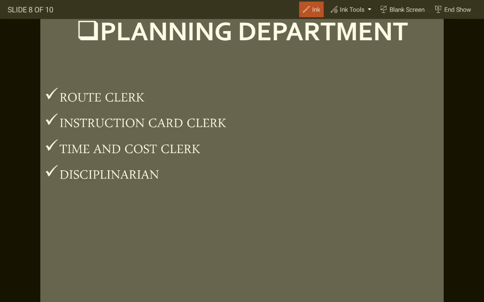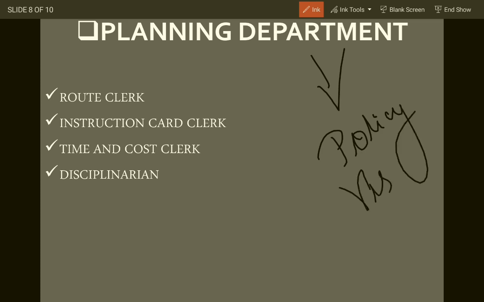The planning department is concerned with framing of policy. I've explained earlier also: vision, mission, strategy, procedure.